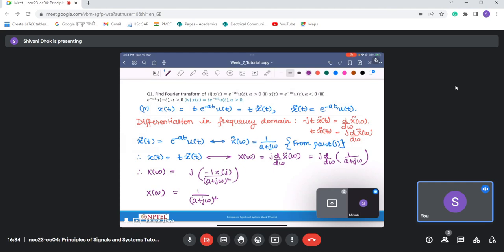So this is the way how we can use the Fourier transform properties if we know the Fourier transform of some standard signals like this exponential signal.